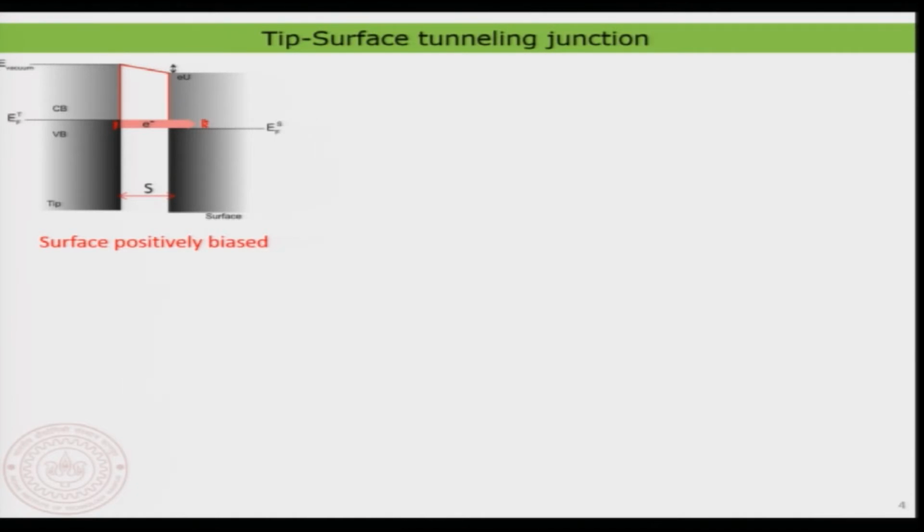Now, that is interesting. We can plot the same diagram as you have seen before for the ohmic contact, but now you see that the current is increasing as you increase the voltage. The current has slowly increased, and that increase is directly dependent on how many empty states are available on the surface, for the sample, let us call it.